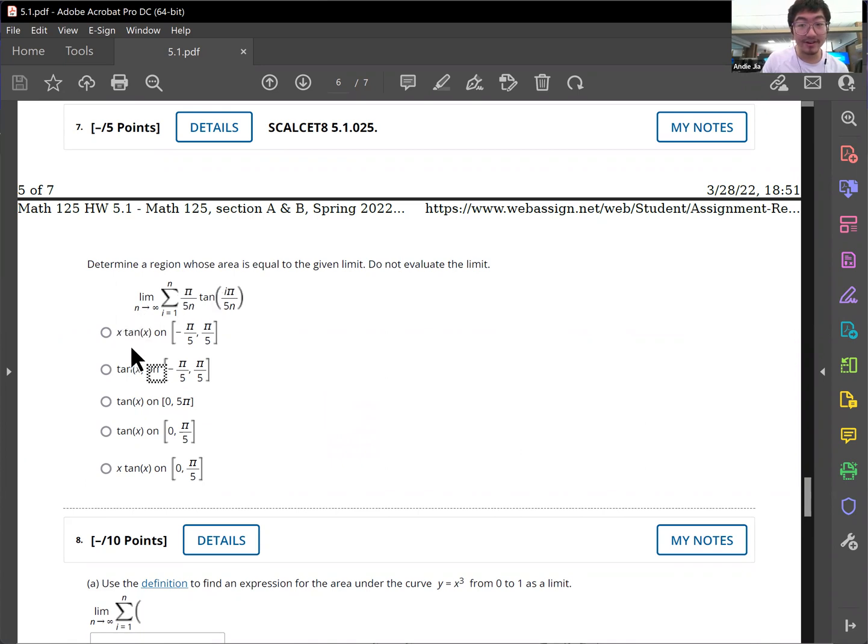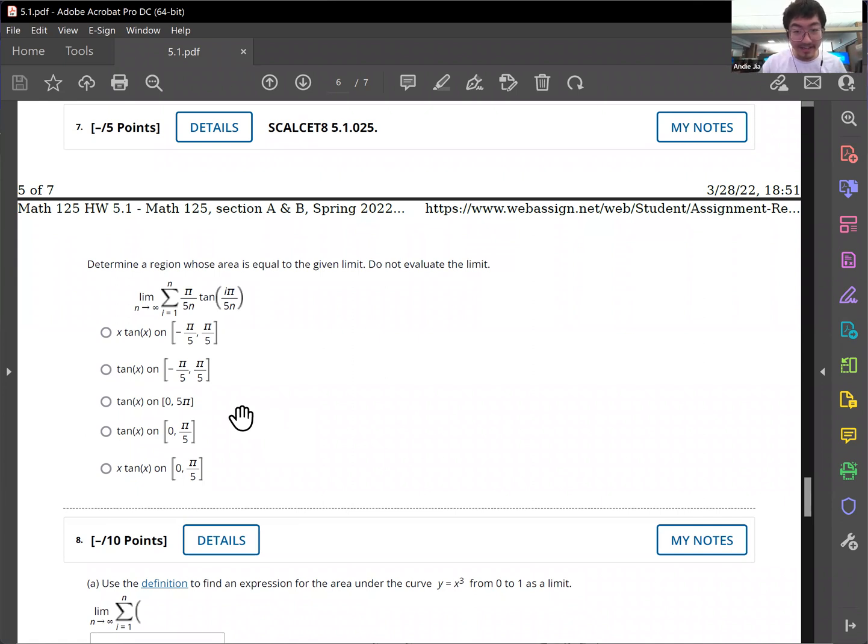Actually, it's not x. So not the first one, not the last one. So this is the width, x over delta x. b minus a is pi over 5. So actually the interval is from any a to b where b minus a is pi over 5.